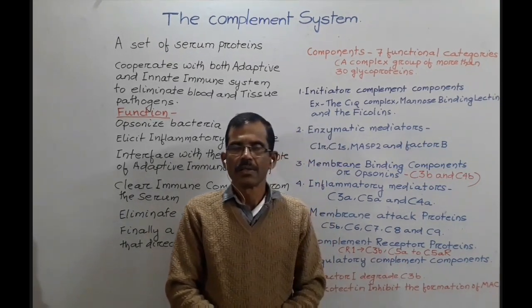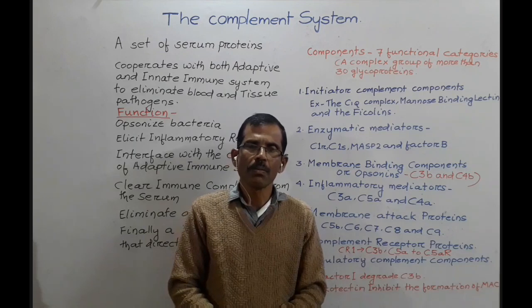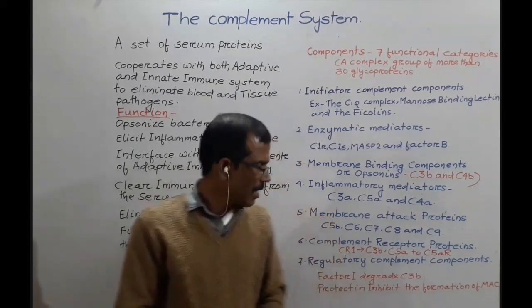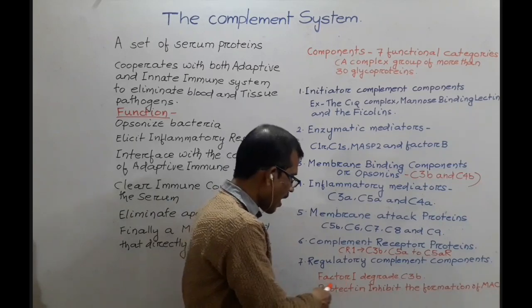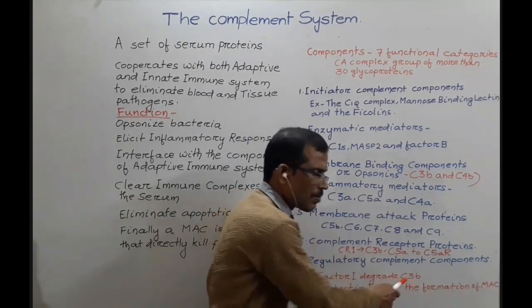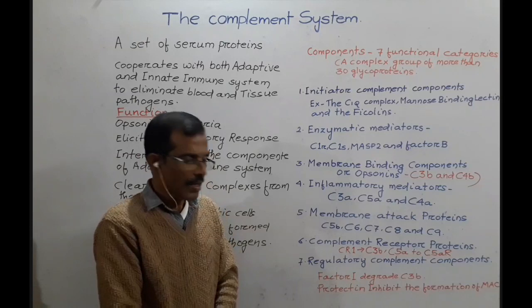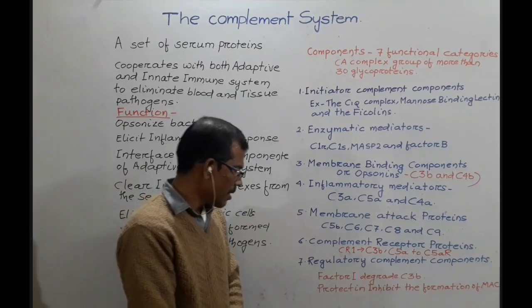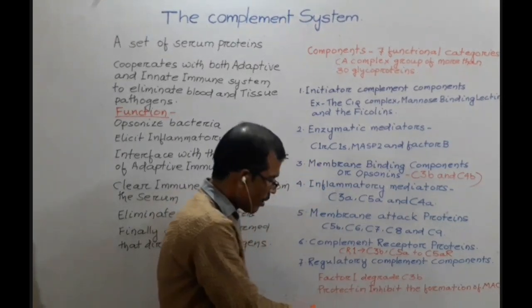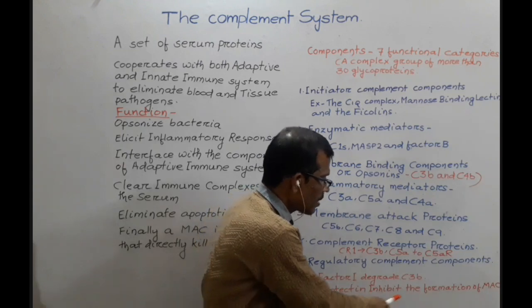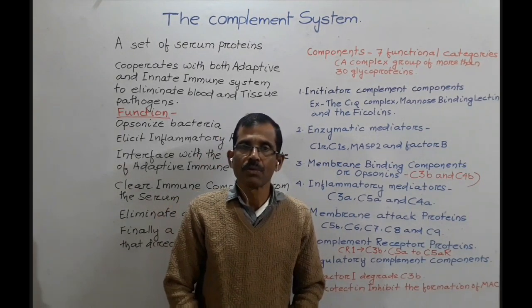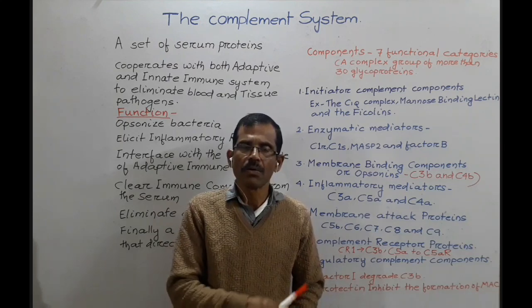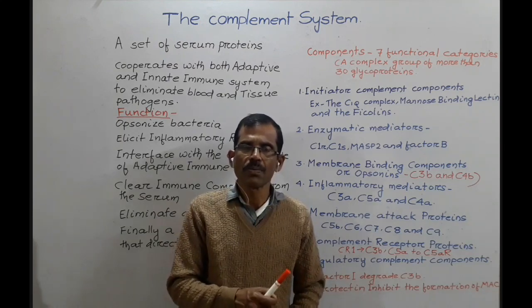These components can be membrane bound or soluble. An example is factor I. Factor I degrades C3b. Another regulatory component is protectin. Protectin inhibits the formation of the membrane attack complex. So friends, this is about various components of the complement system.